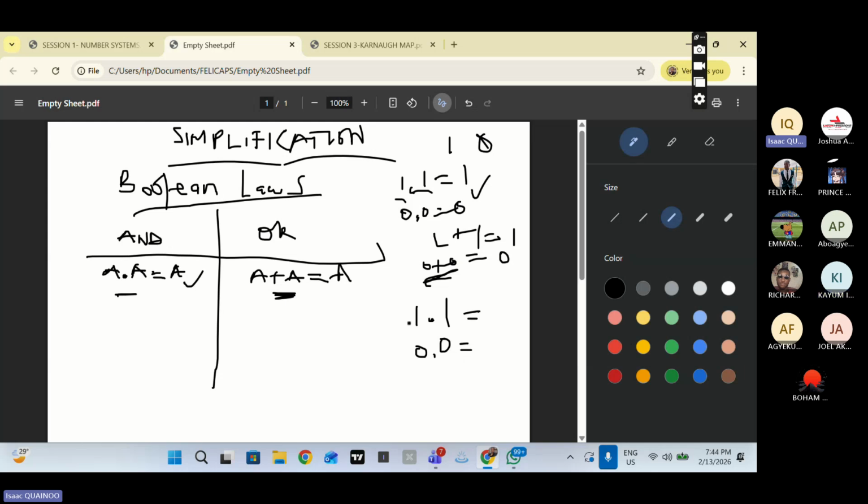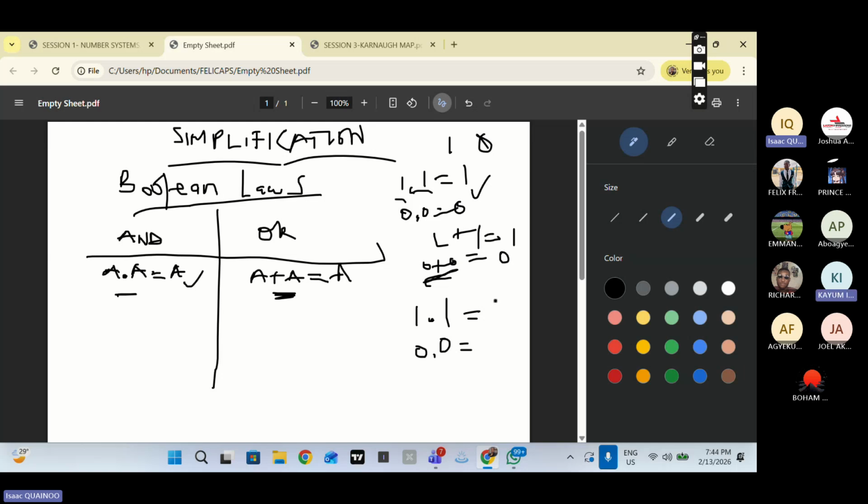So you have 1 and 1. The AND law is saying that we will only return a 1 if both inputs are true. We illustrated that with the circuit the last time.